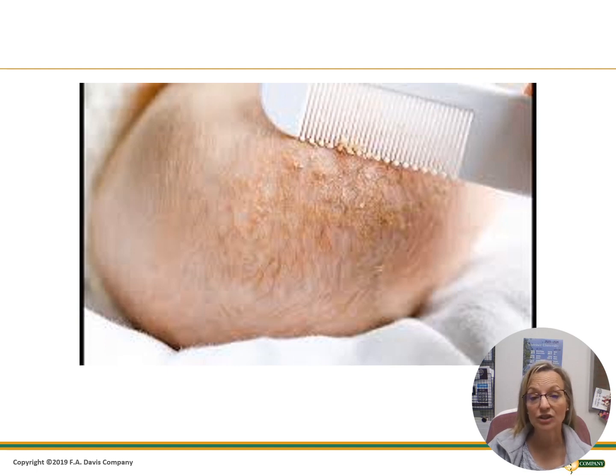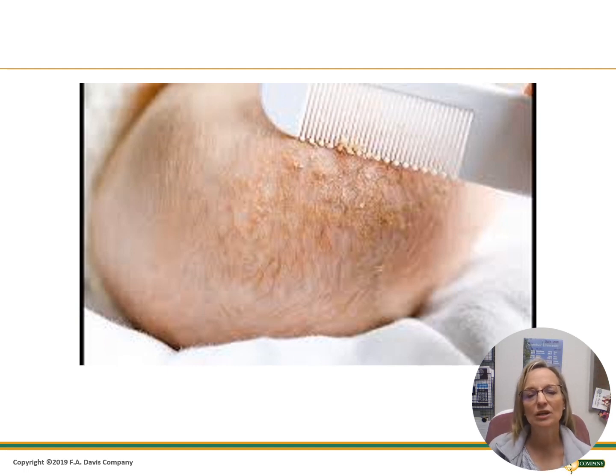And so that's how you can really tell between seborrheic and atopic dermatitis, because atopic dermatitis itches. And in this picture, you can see the cradle cap here. We don't really know a lot of what causes it, but we do know it might be related to Candida or Pityrosporum, but we're not for sure on that.